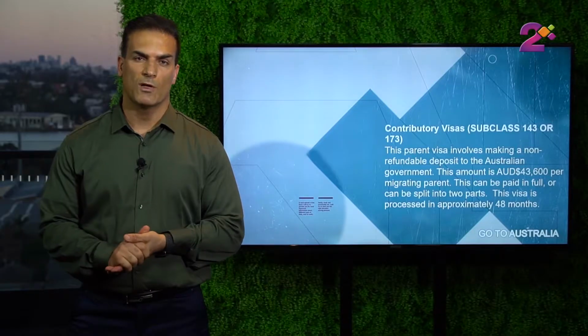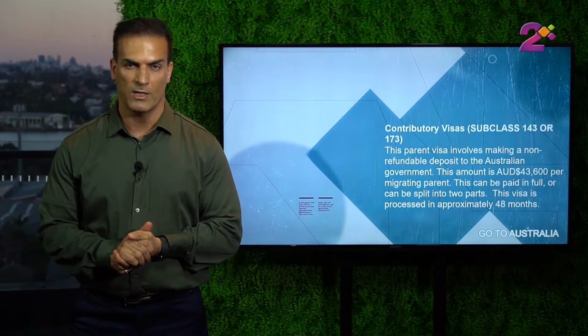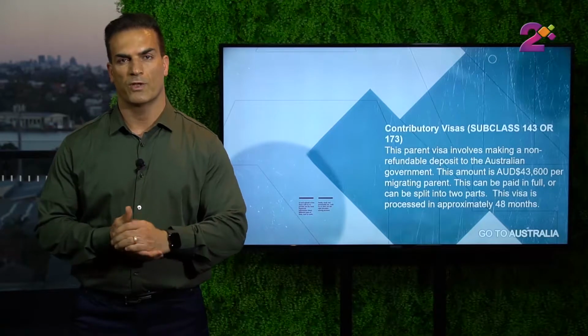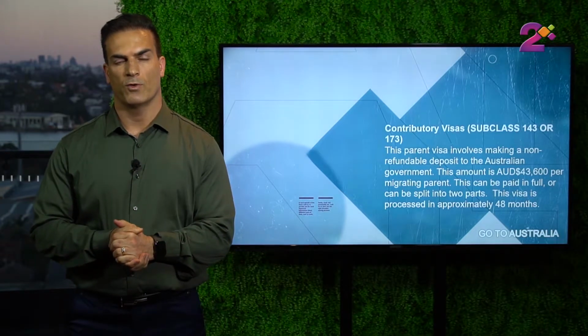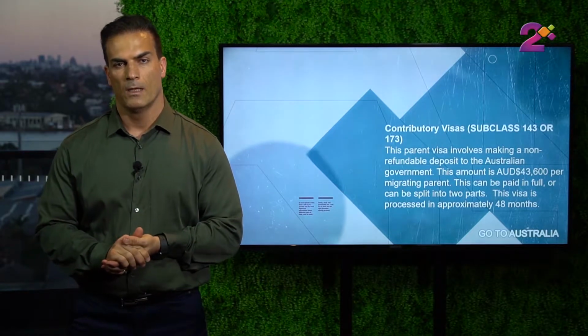So many people would go for the second visa that I'm going to talk about, and that's contributory parent visas. We have two subclasses of contributory parent visas. One is 173, which is a temporary parent visa, and 143, which is a contributory permanent parent visa.